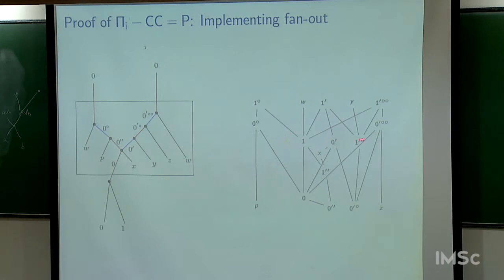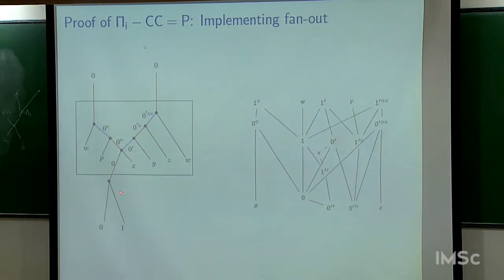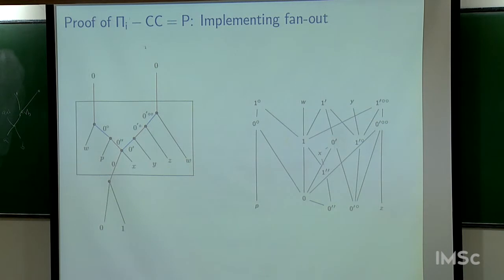So if you look at this poset, the LUB of X and 1 is 1 prime, and GLB of X and 1 is 1 double prime. So this 0 prime and 0 double prime are like 2 copies of 0, and then you design the lattice such that this sequence of LUB and GLB operations with Y, Z, W. So what you want to do is convert this 0 prime and 0 double prime back to 0 and 1. So you can do this kind of computation again and again.